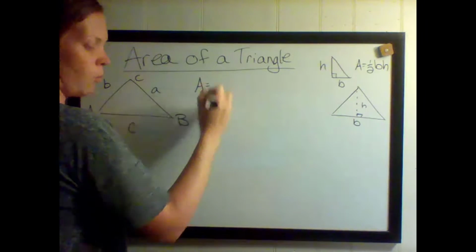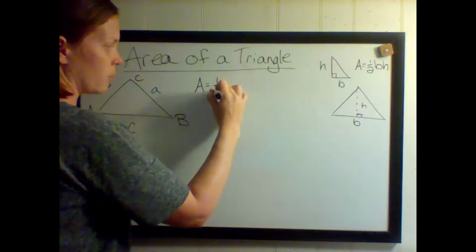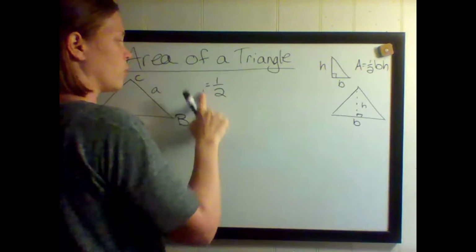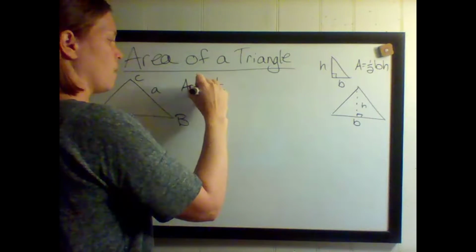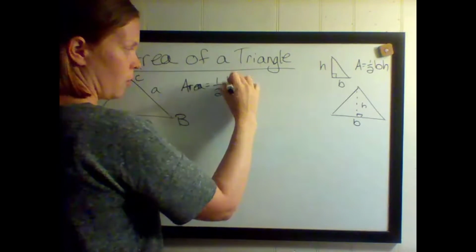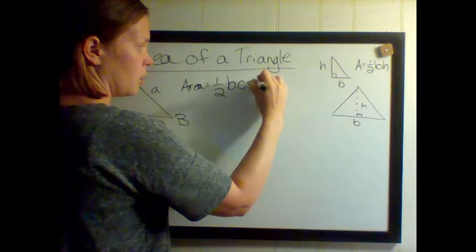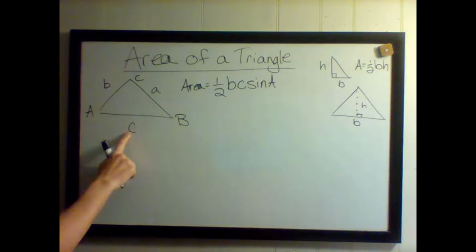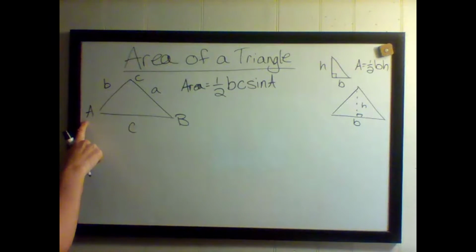One of them would be that the area, I should write out the word area. Area is 1/2 times B times C times sine A. So if I know side B, side C, and angle A, I can figure out the area.